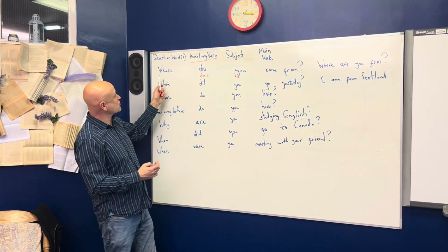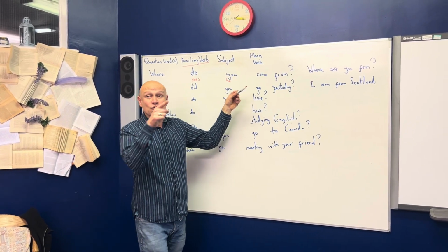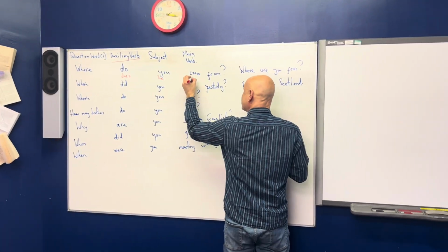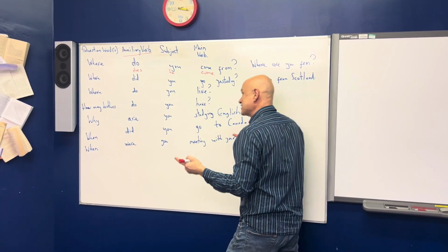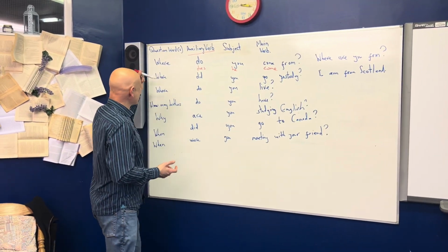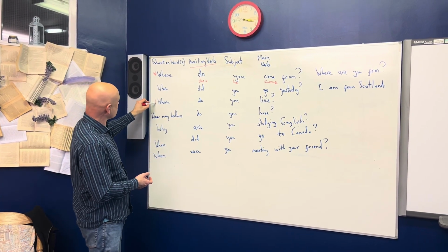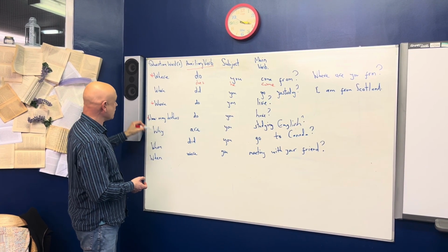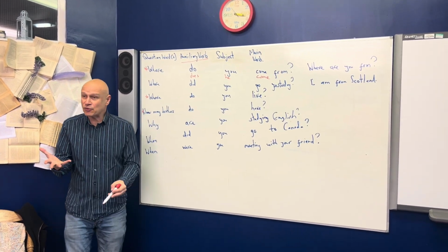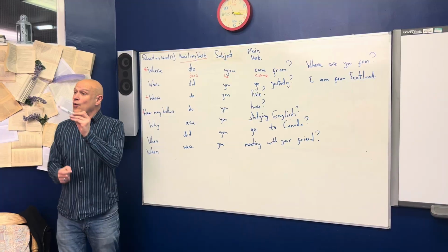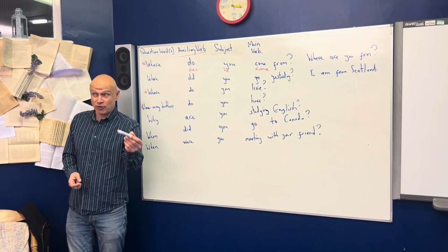So even if we write where does he, we would still use the infinitive form of the verb. This is important to remember. This is the same for all of the present simple. So present simple, we need to remember, where do you come from? Where does he come from? This is important.